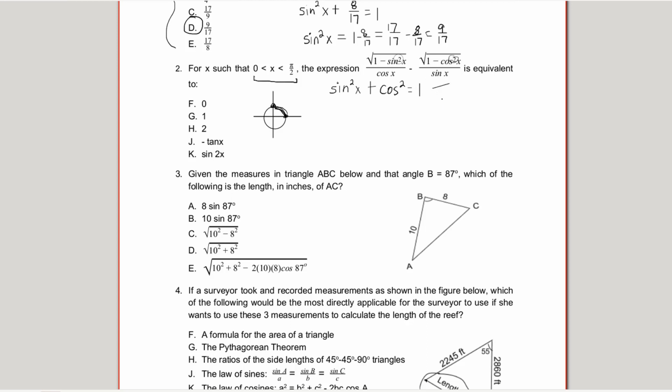Because we have two different things we could branch off of here, we know using this equation that sine squared x is equal to 1 minus cosine squared x. I just subtracted cosine squared x over here. But we also know that cosine squared x is equal to 1 minus sine squared x. I just put this one equation in two different formats. I solved for two different things.